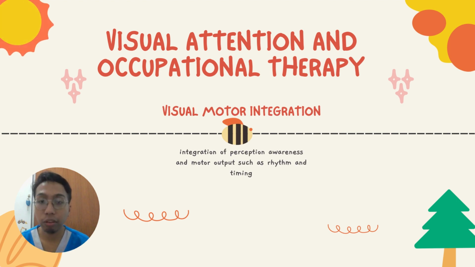The last one is visual motor integration, which is a very interesting thing. When it comes to motor integration of perception, awareness, and motor output, we integrate what we see to what we do, because what we see is then transferred into what we want to do. For example, if you want to hold your pencil, you need to see if you are holding it like a tripod, or you have to hold it like this. Then when you write it down, you need to see the movement of your hand from left to right.